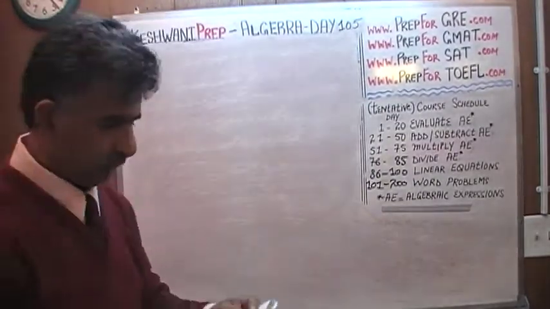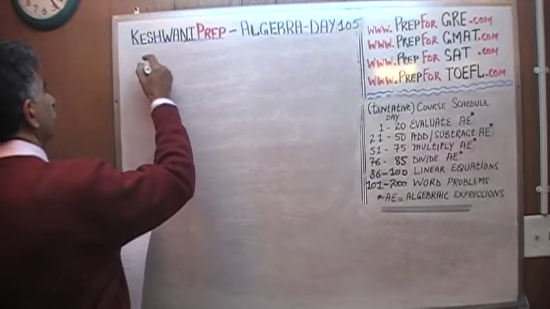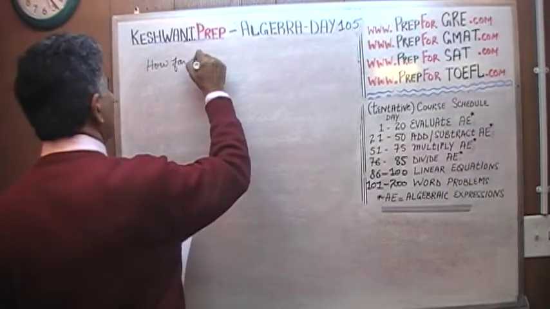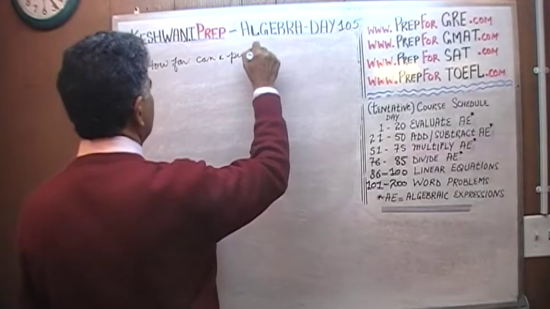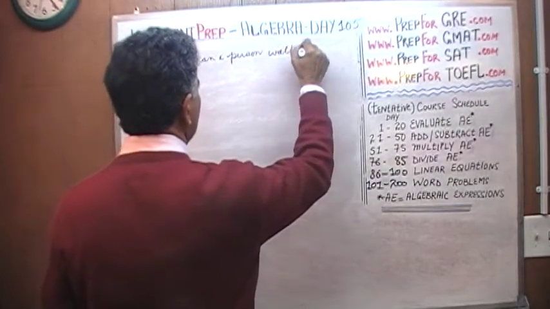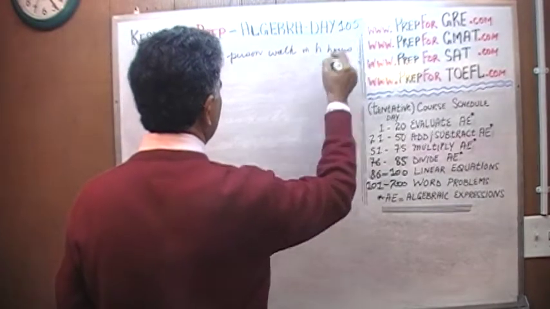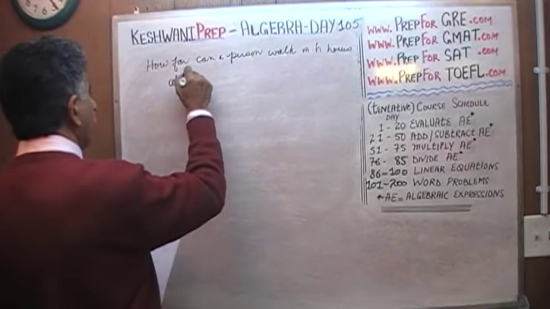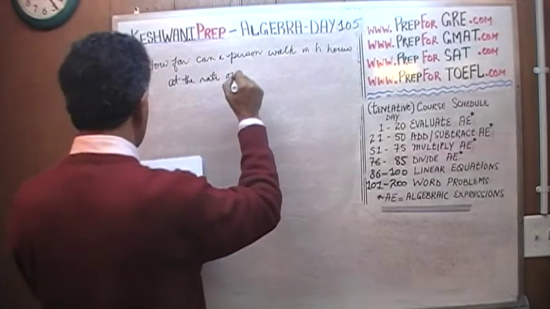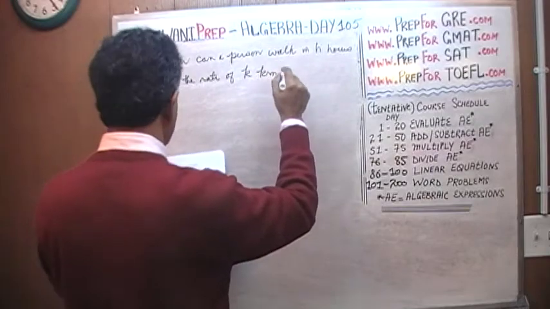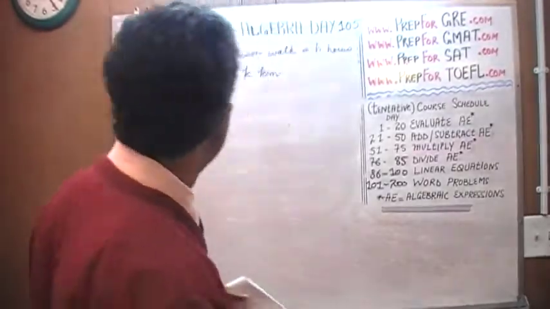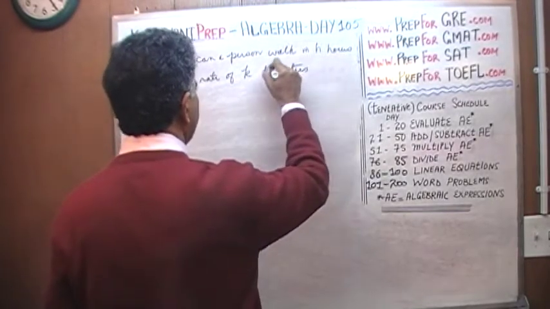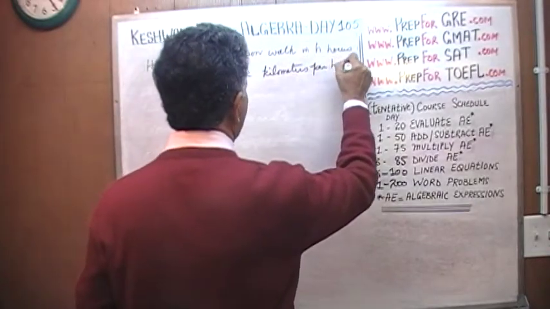Here's a question for today. How far can a person walk in H hours, and H of course is some number we do not know, at the rate of k kilometers per hour?